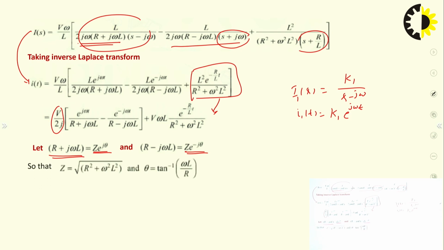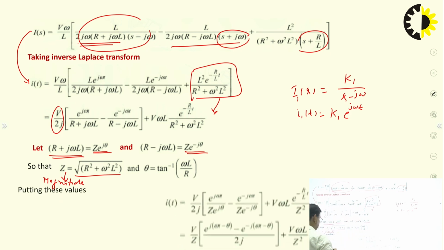So what is the z? Z is the square root of r square plus omega L square, this is the magnitude, and this is the phase angle, and theta is equal to tan inverse omega L upon r.